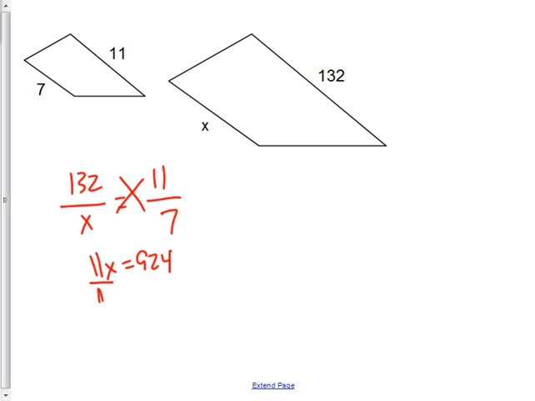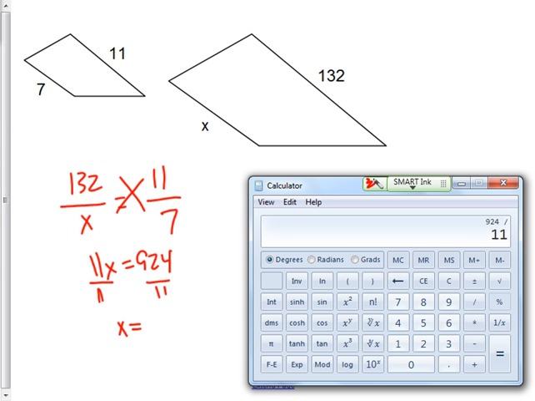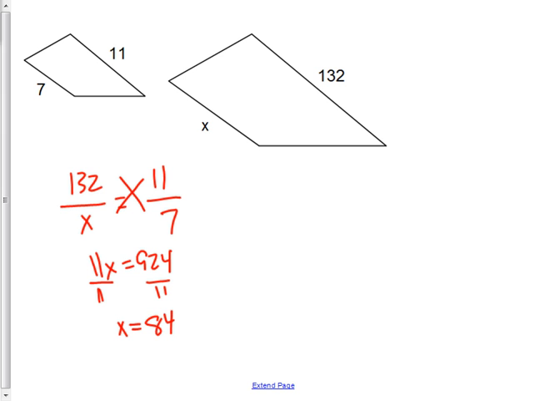And we'll divide that by 11. That way x is equal to 84. And we can again say 84 units because we are talking about a distance here, so I do like to have a label. But since they're not giving us a label, we can just say 84 units.